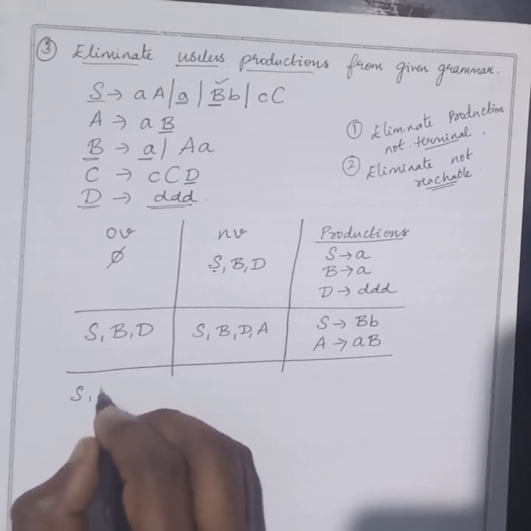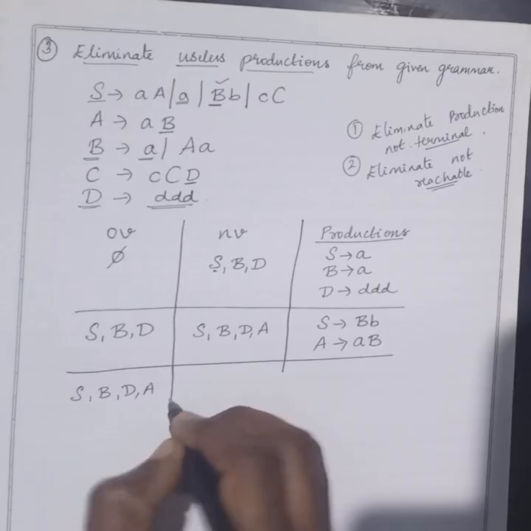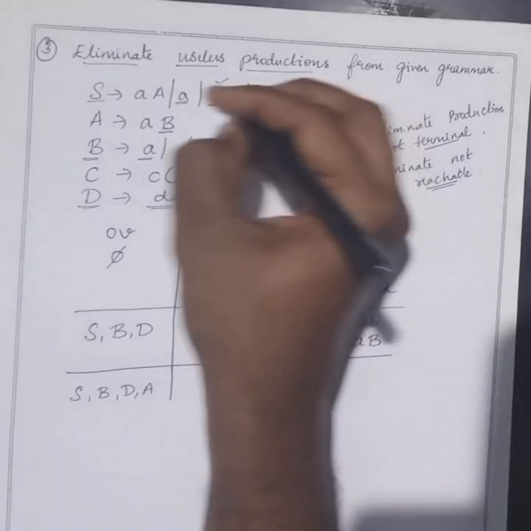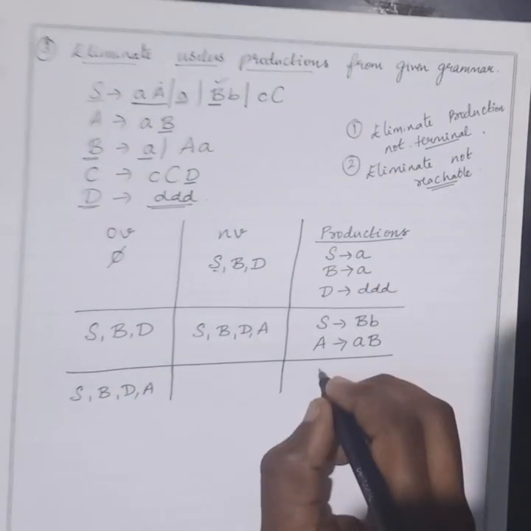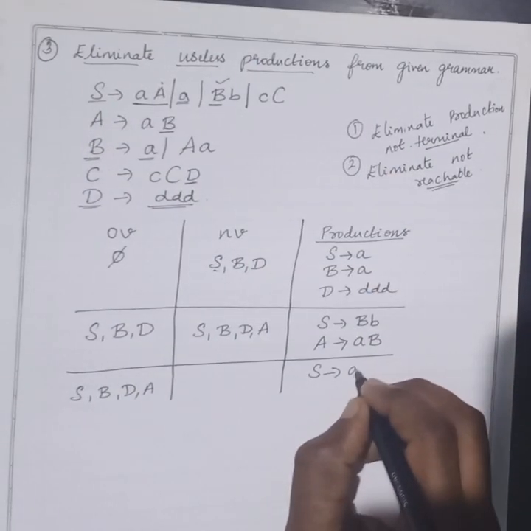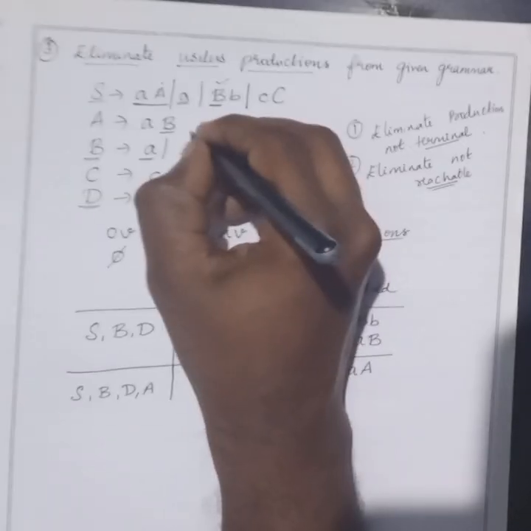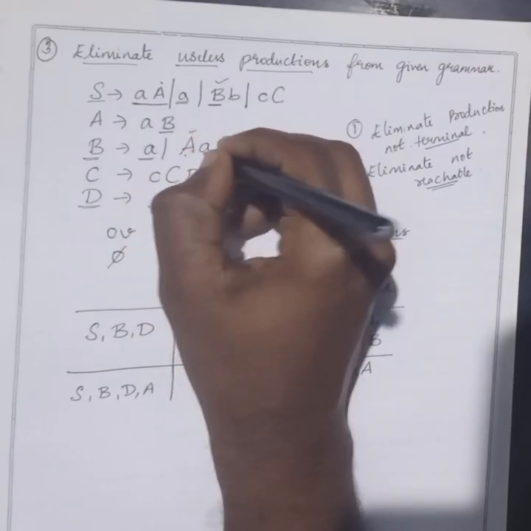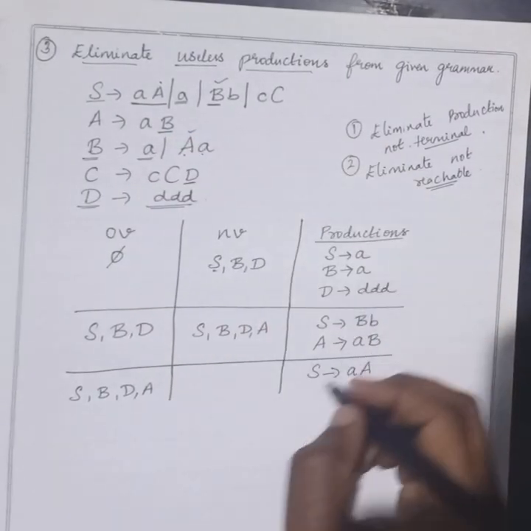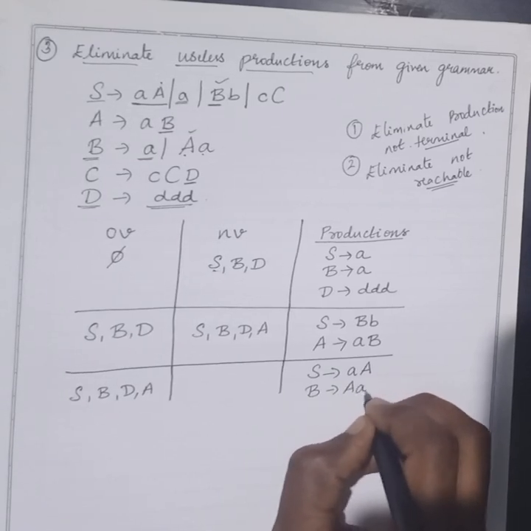Already we have done for S, B, D. Now we want to take only A. We'll try substituting A and making it a terminal. I can substitute the A here and make it a terminal, so we take that production: S derives small a and capital A. Again A occurs here. There also if I assume this as a terminal, A is also terminal. So that is B derives capital A and small a.